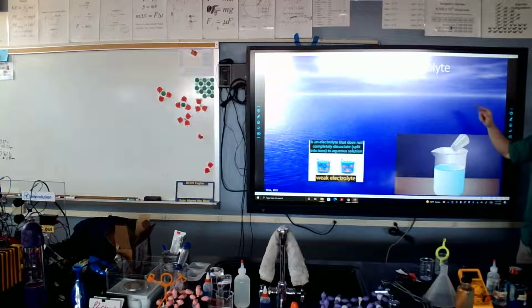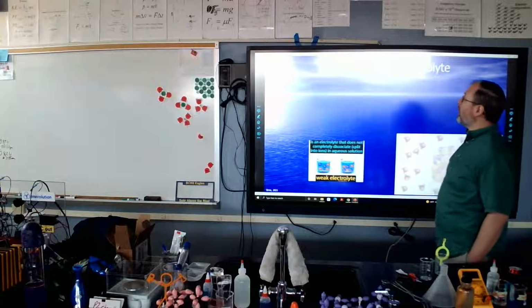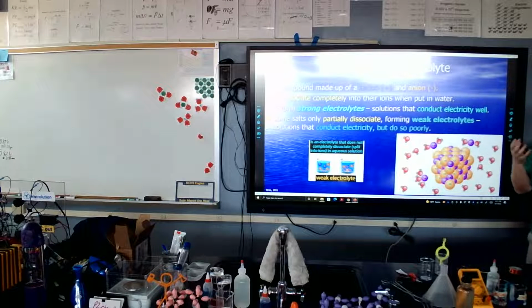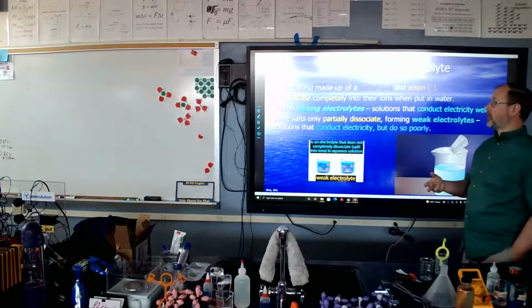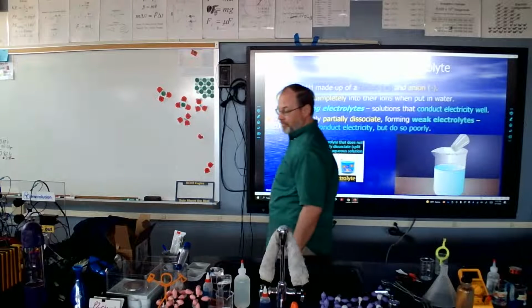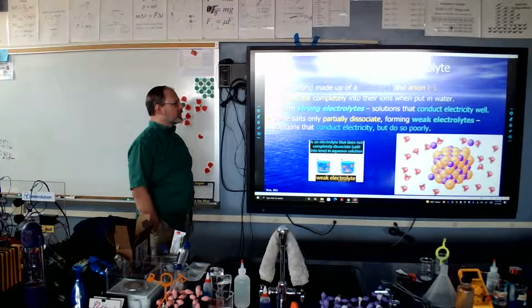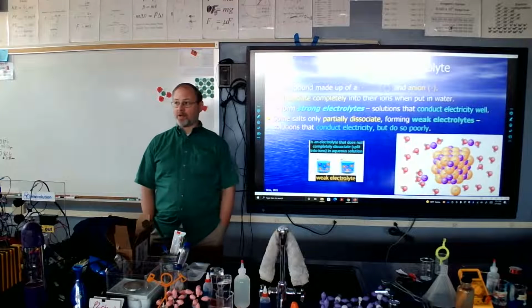Off we go. Now, electrolytes can be strong or they can be weak. A strong electrolyte occurs when all of the ions dissociate, or all the salt dissociates into ions. So generally we talk about strong electrolytes as having a lot of ions.